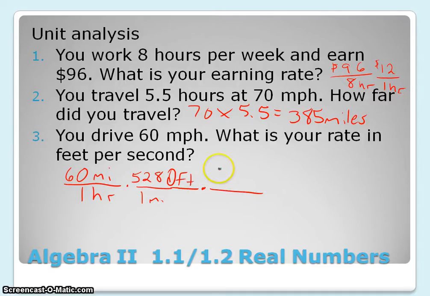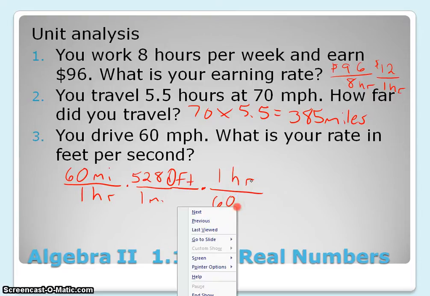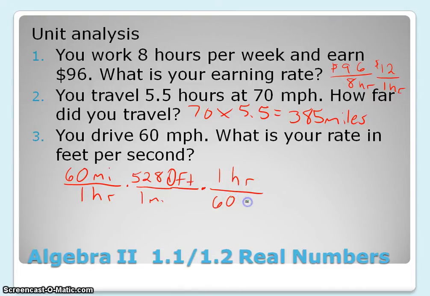Now we got to change that hour to seconds. So we know 1 hour has 60 minutes, and then 1 minute has 60 seconds. So let's make sure our units cross out where they should.